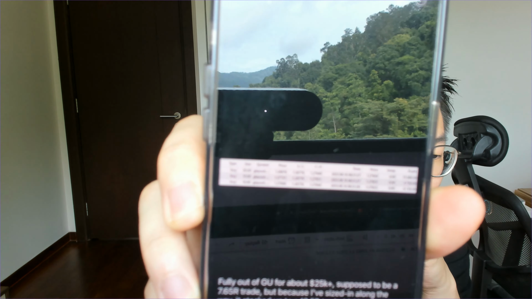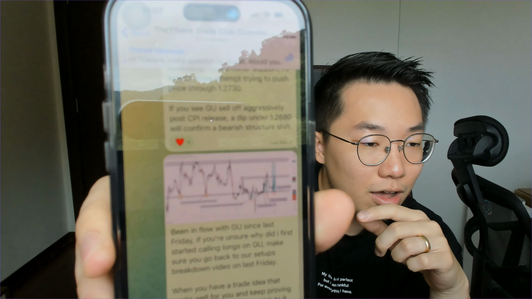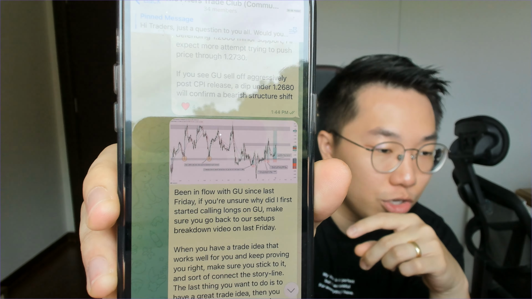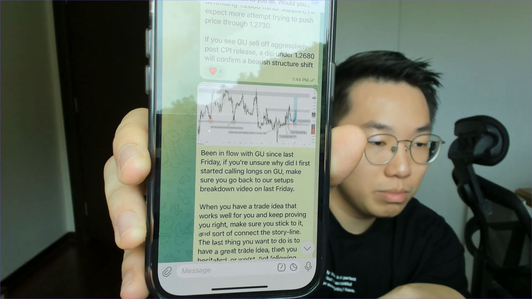This was also a screenshot of my MT4 PNL. Not sure if you can see this, but you can see I'm fully out of GU for about 25k. All of these are real. We don't do fake stuff here. You can see I posted in my community that I was in flow with GU since Friday. If you're not sure why I started long on GU, make sure you watch our setups breakdown video.